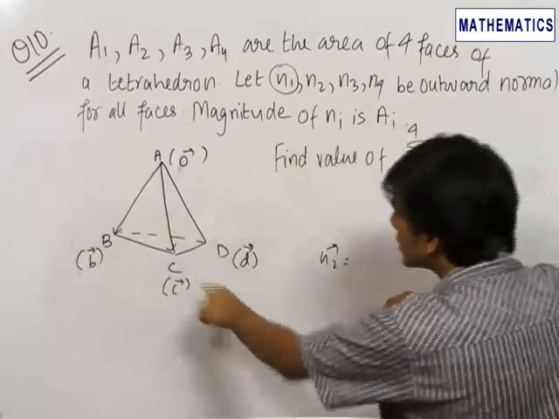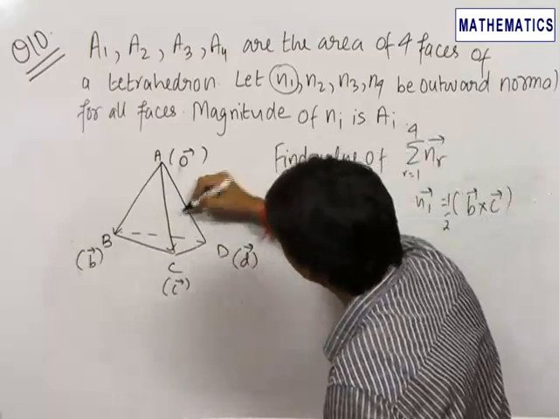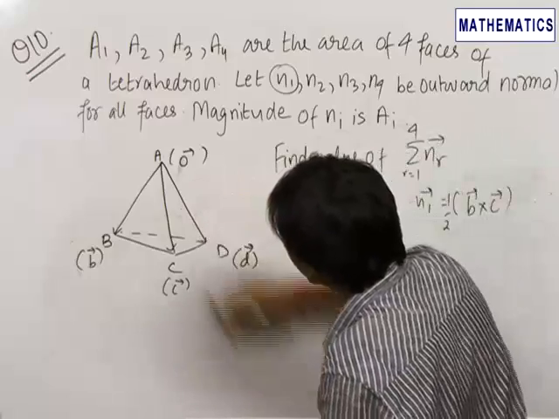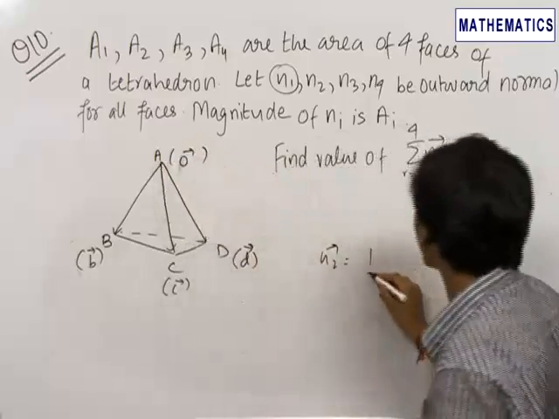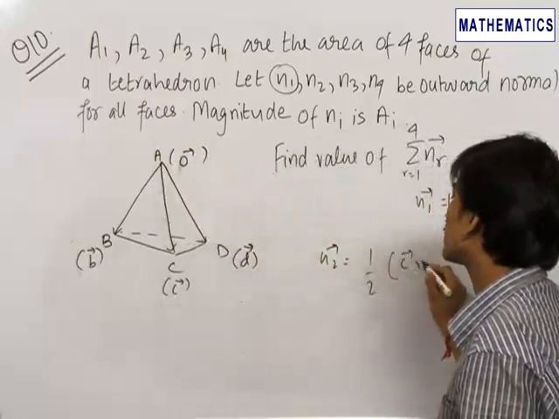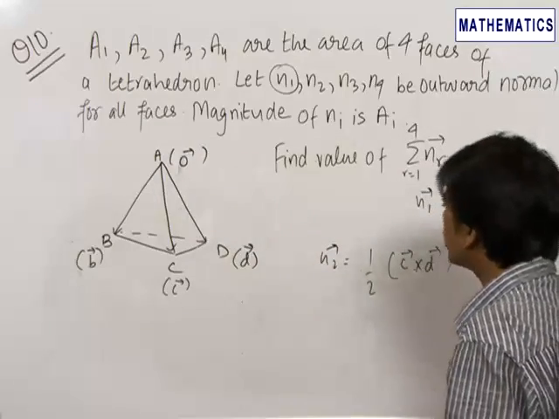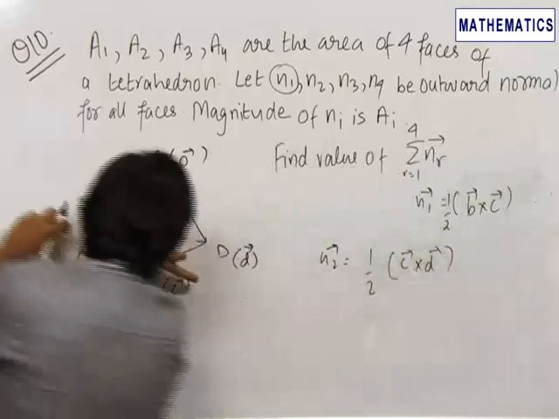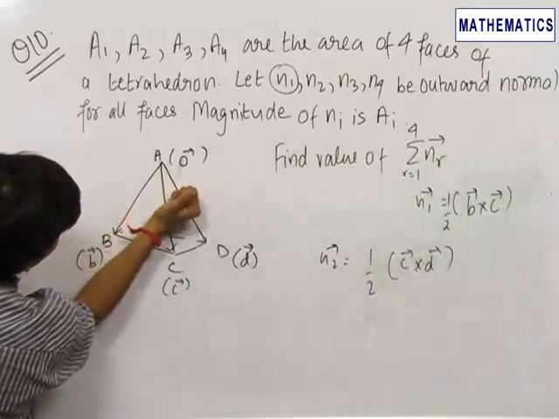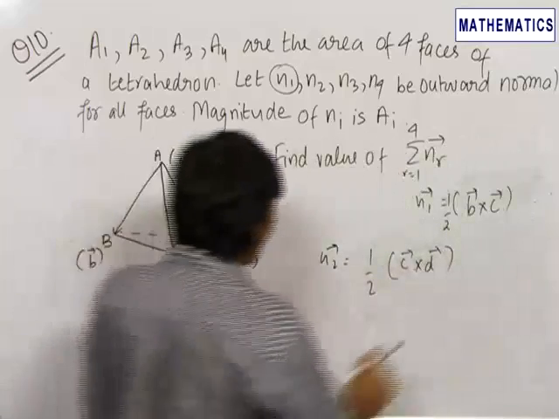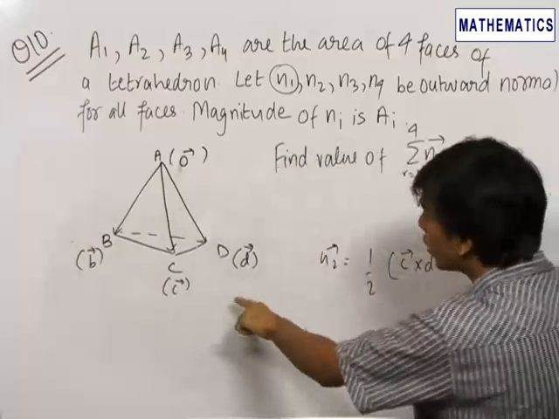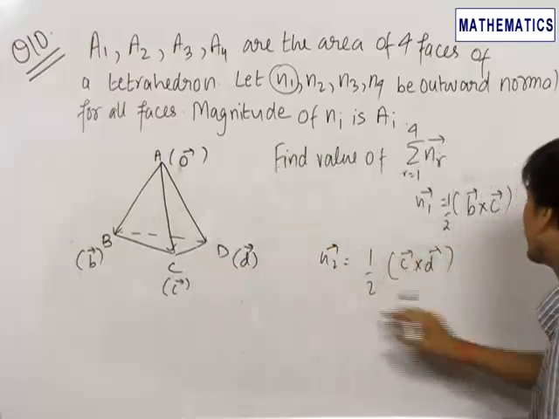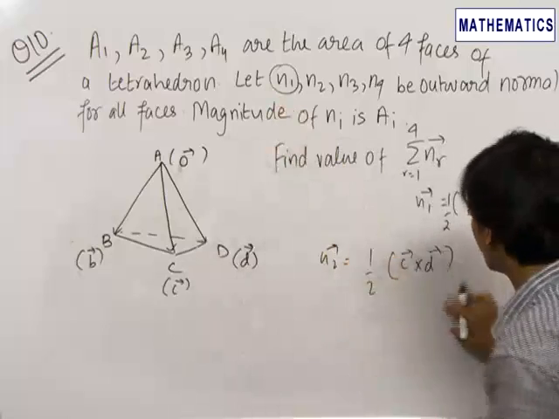Similarly for N2 vector, N2 is for this side, therefore we can write C vector cross D vector, so as to get an outward normal, because AC vector is C vector and AD vector is D vector. Therefore we get AC vector cross AD vector to get a normal whose magnitude is equal to A2.